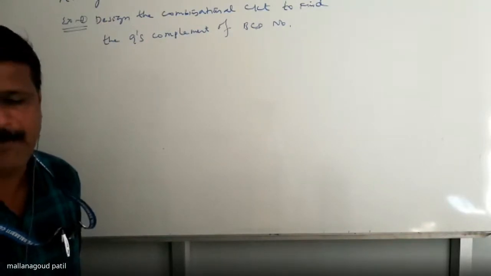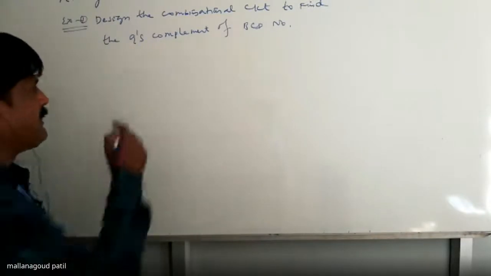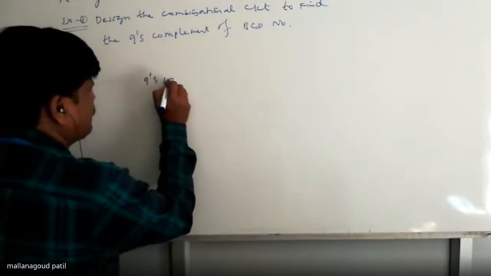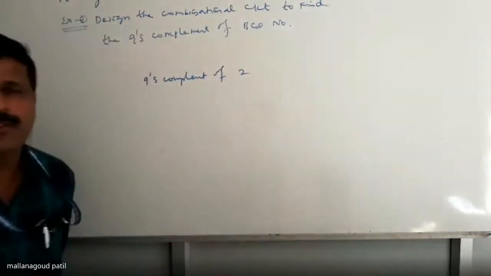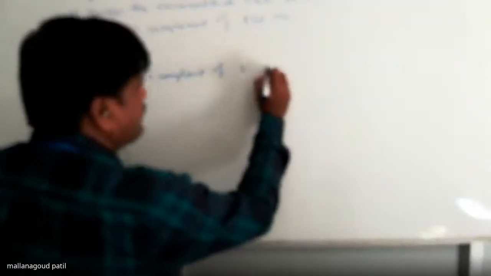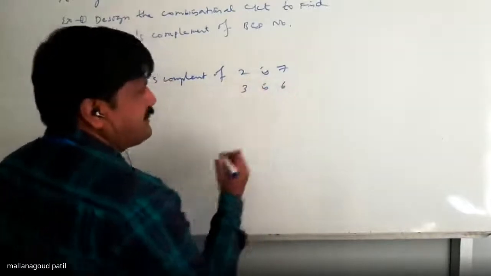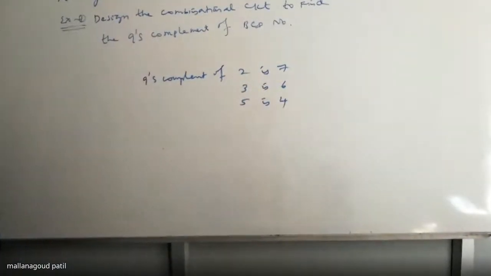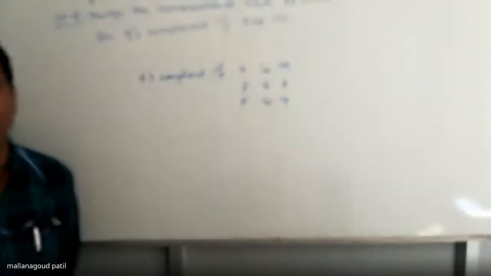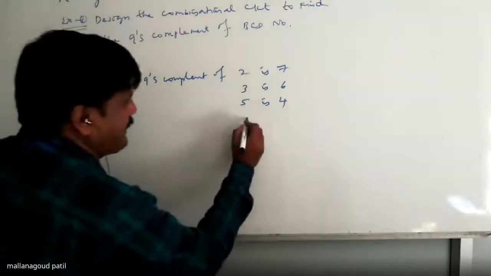To take one example, the 9's complement of 2 is 7, which matches with the 9. The 9's complement of 3 is 6. The 9's complement of 5 is 4. And the 9's complement of 9 is 0.